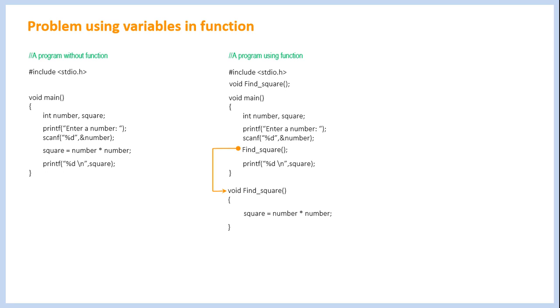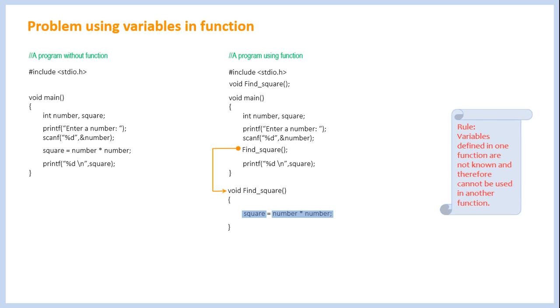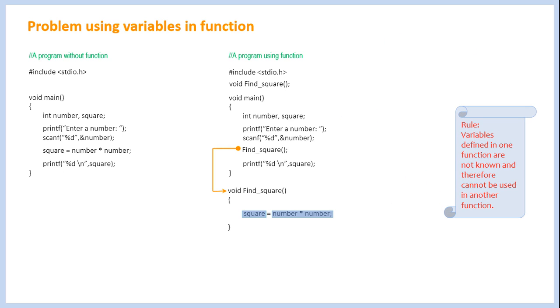Now, compiler sees variables called square and number. Here is one of the main rules in functions. Variables defined in one function are not known and therefore cannot be used in another function.